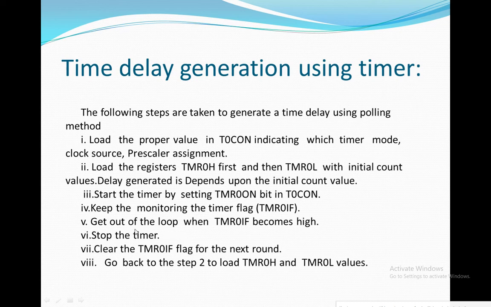To generate a continuous delay in programming, the same steps, first through fifth, should be repeated. You have to clear the timer 0 interrupt flag before going to the second step. So these are the steps for delay generation by using timer 0.